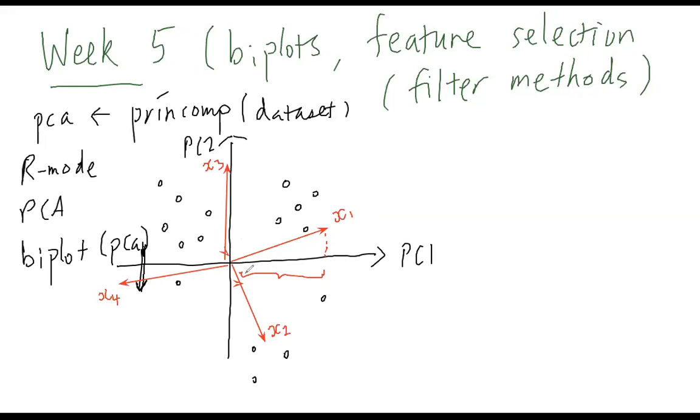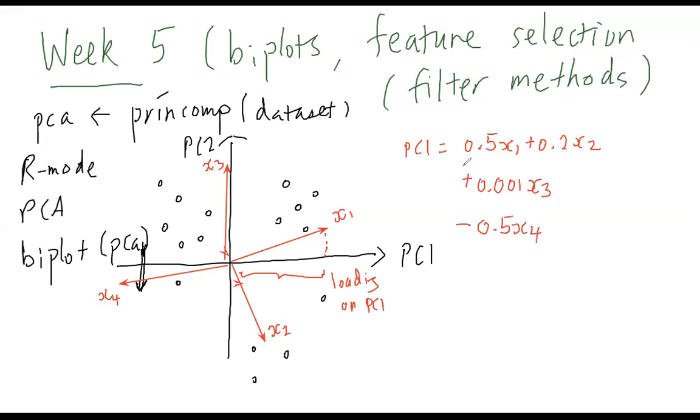So this value here will be its loading on PC1. For example, your PC1 may be something like 0.5 times x1 plus 0.2 x2 plus 0.001 x3, then minus 0.5 x4. So this 0.5 is the length here.